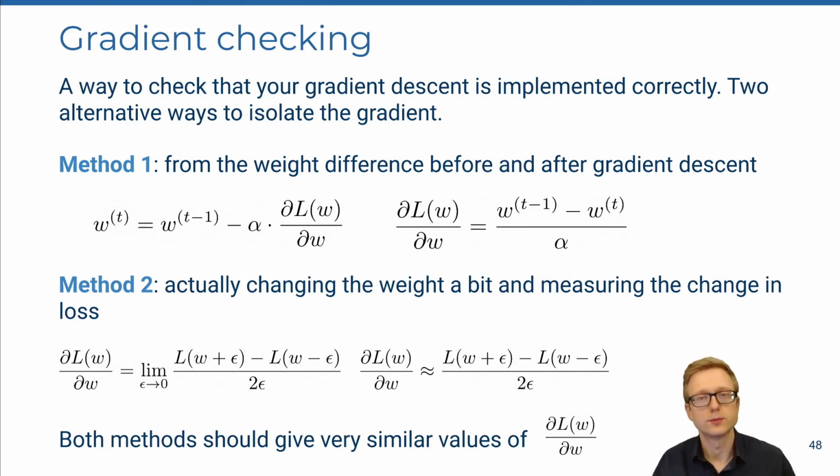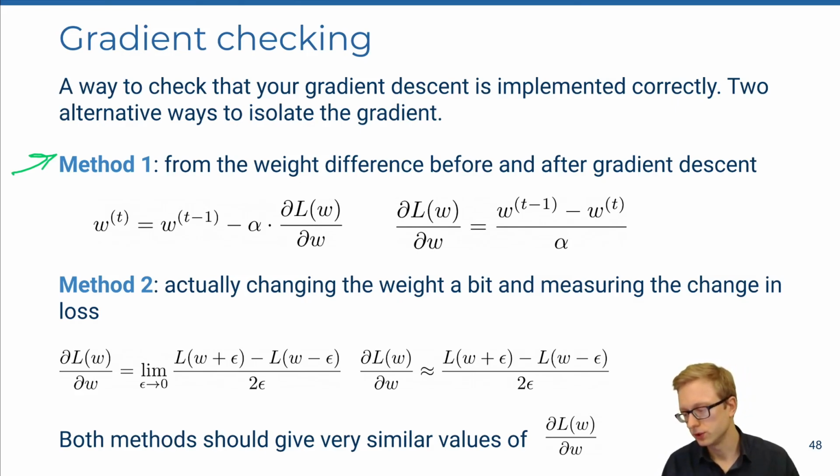Finally, I'll tell you about a useful method that allows us to check whether our gradient is actually calculated correctly in our implementation. It's called gradient checking, and it involves calculating the gradient in two different ways and then checking that they are actually similar. So method one involves checking the gradient using the weight difference before and after you perform your gradient descent.